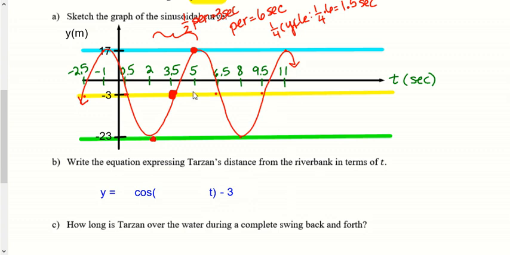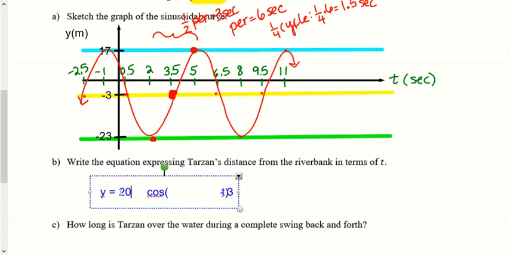I can also look at how much I swung over the river or over the land, or what is the amplitude of my curve. So the amplitude was how far I went from the middle to a peak or from the middle to a valley, which we decided was 20. So that 20 is going to go right out here in front to stretch me vertically.